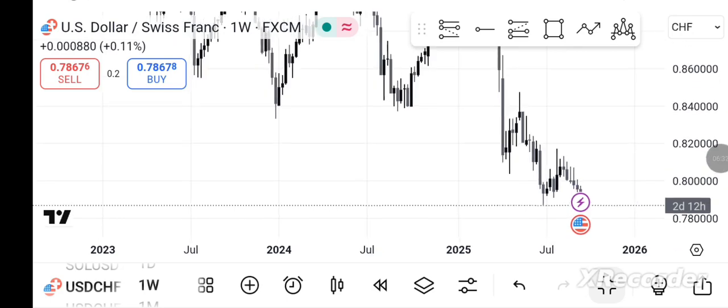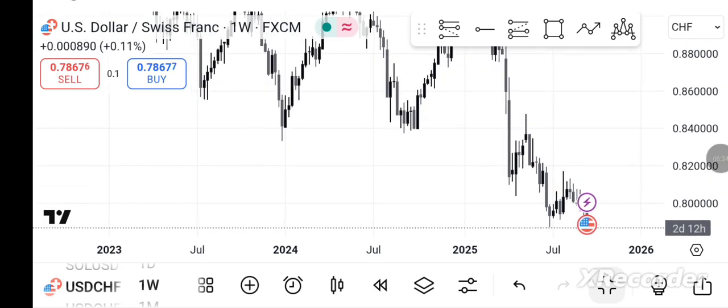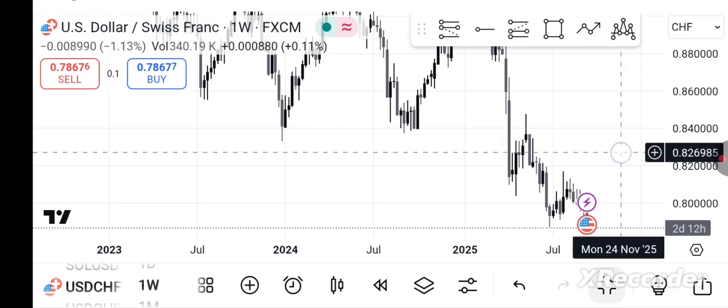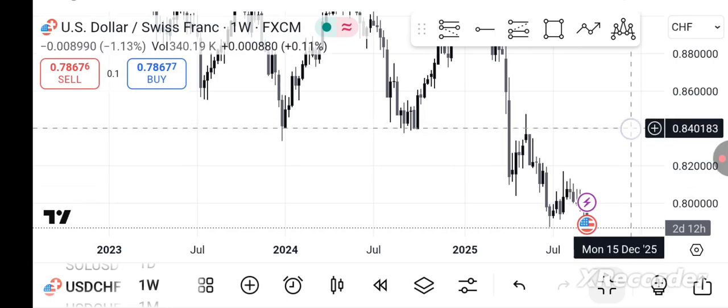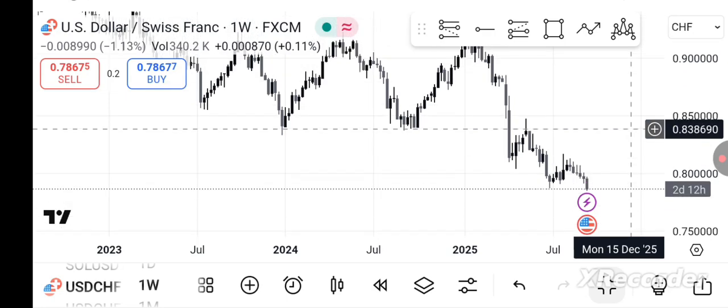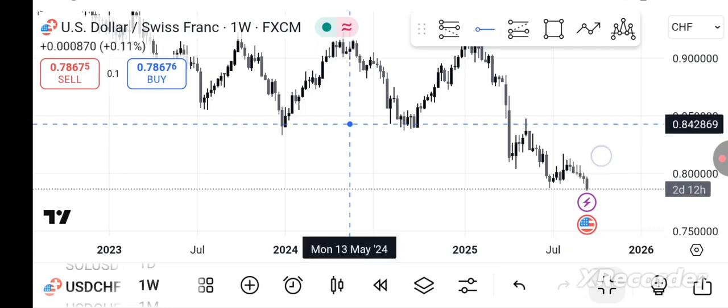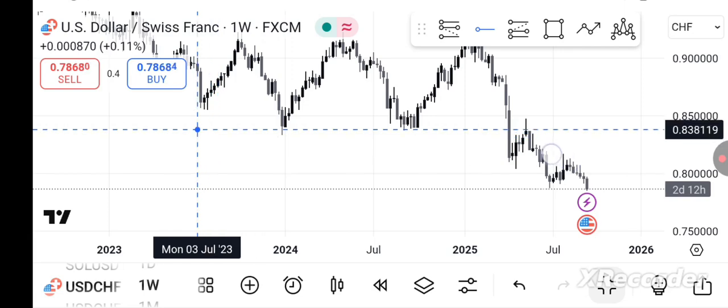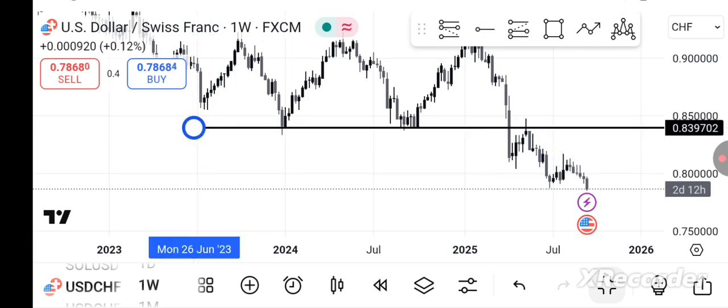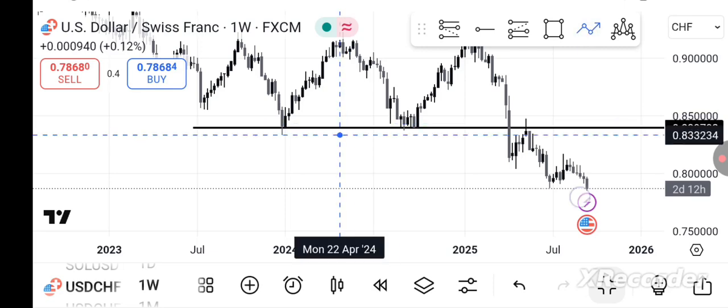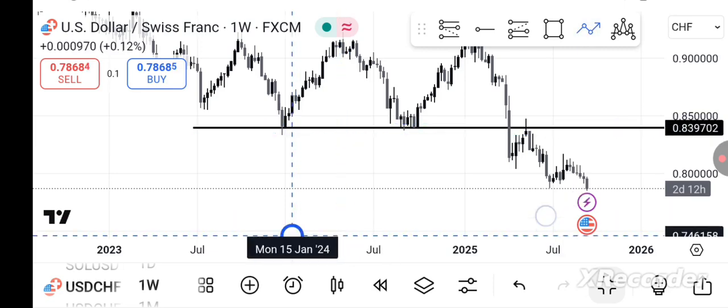As you can see where I'm showing you here, this is a support level, because when the market comes there, it bounces up. It comes back there, it bounces up. Let me show you. When the market reached here, it did what?